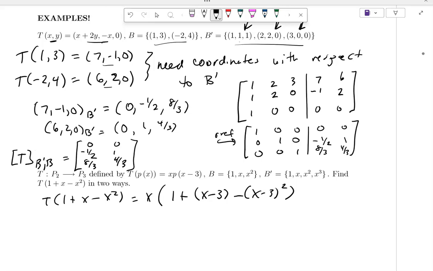Yeah? Okay, so when you do that, you would get a negative x cubed. You'd have a plus 6x, plus a 7x squared. This one would give you a minus 9 minus 3, and then times an x, so you get a minus 12x when you're done. If I did that correctly.